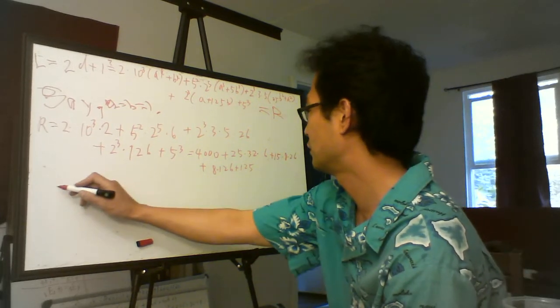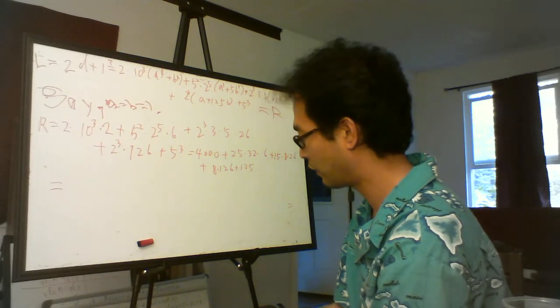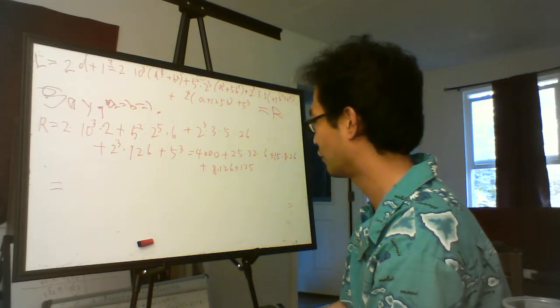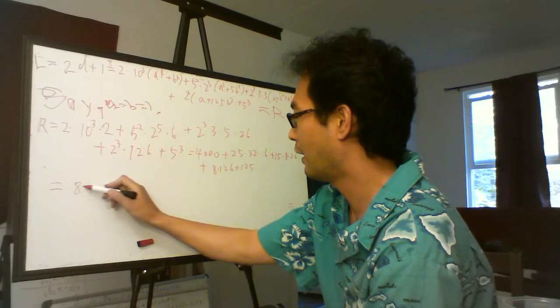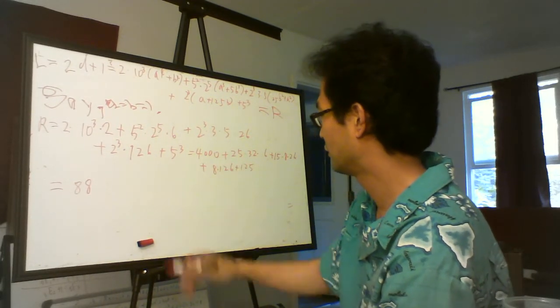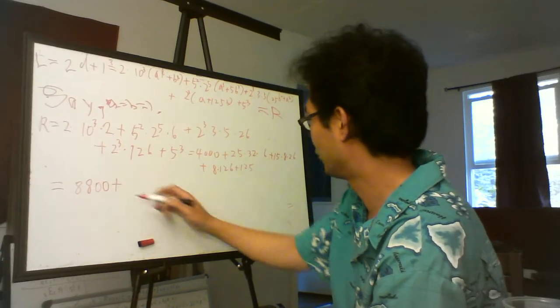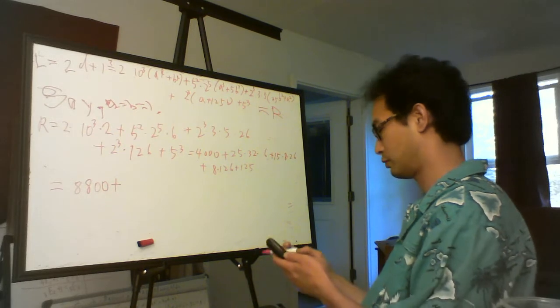So this whole thing becomes 4,800 plus 4,000, 8,800. I'm gonna use some shortcuts, so you have to excuse me.